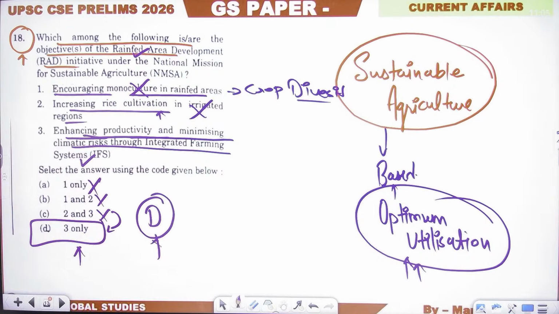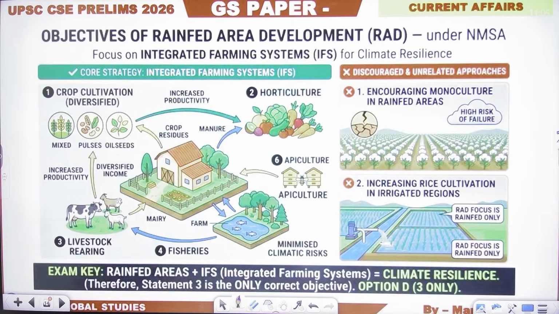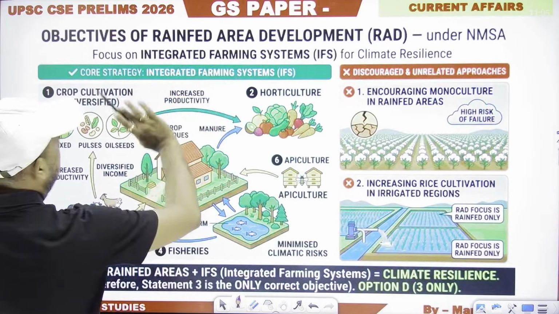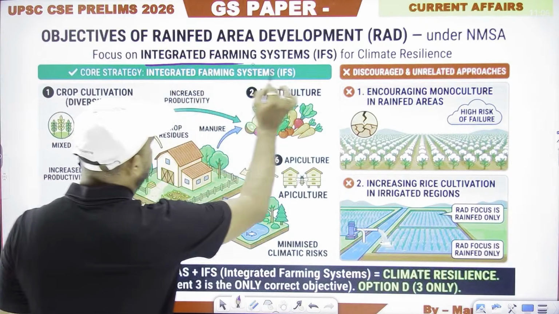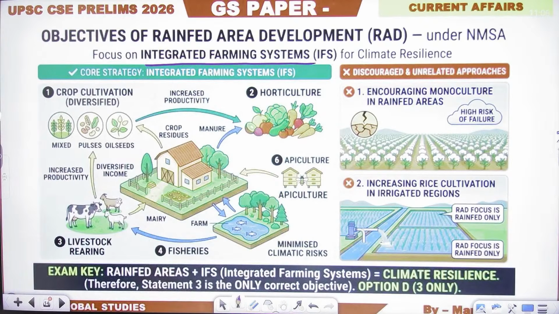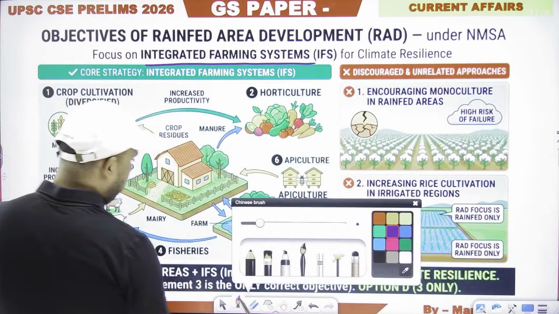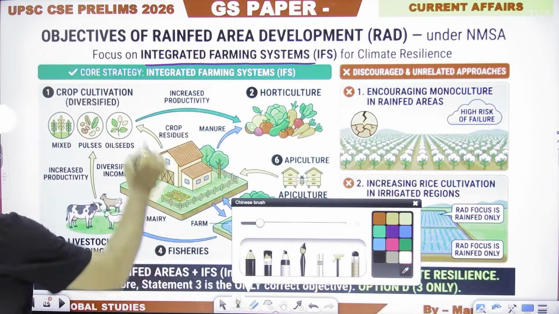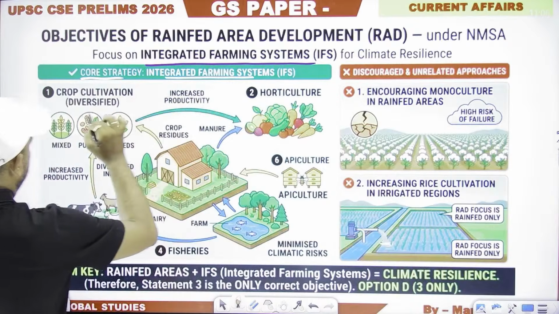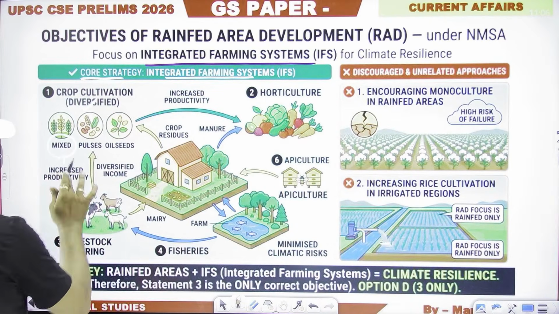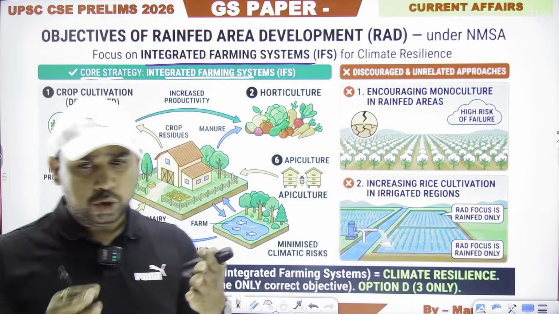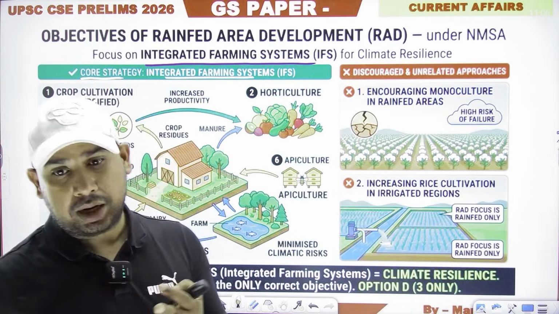Now we'll move towards the explanation of this particular question. The objective of rain-fed development under the National Mission for Sustainable Agriculture focuses on integrated farming system for climate resilience. The first thing associated with it is core strategies: integrated farming system and crop diversification. They usually promote diversified crops, mixed crops.